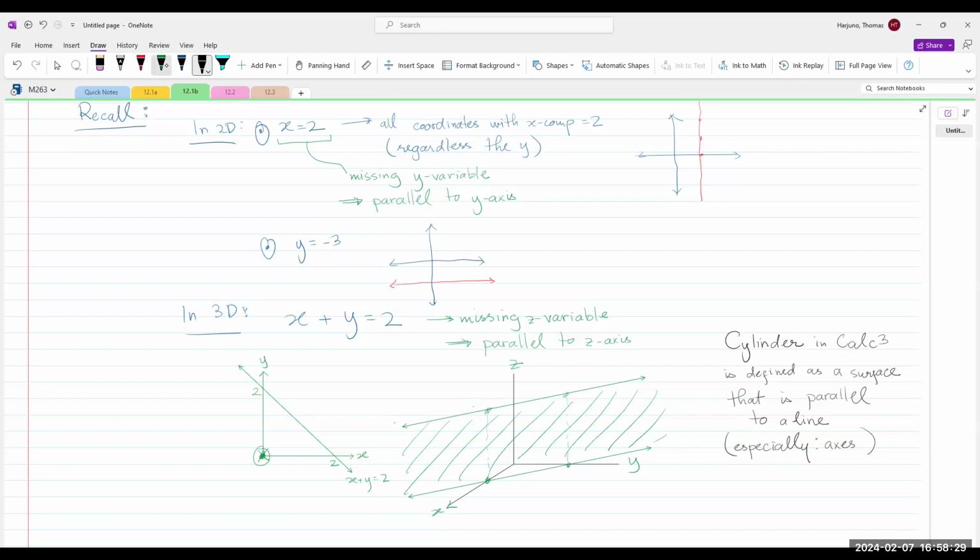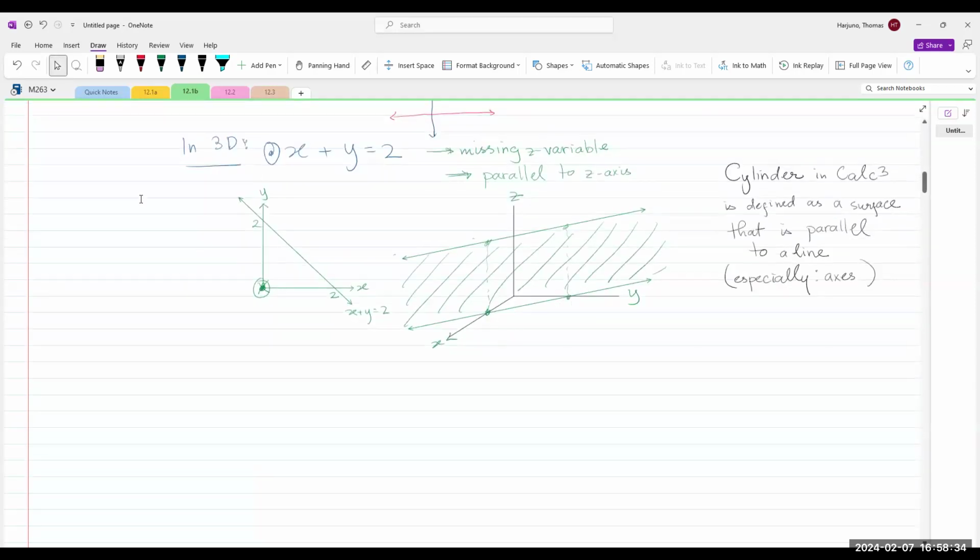Now, to train our intuition, which is very important for this course, can you imagine what the graph of y squared plus z squared equals 4 looks like? In 3 dimensions, of course. And the way we see, oh, this is missing x. So what I will do is I sketch the graph in 2 dimensions first, in this case the yz plane.